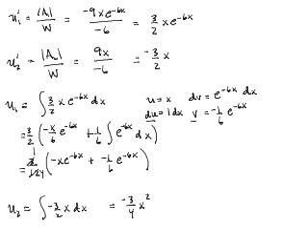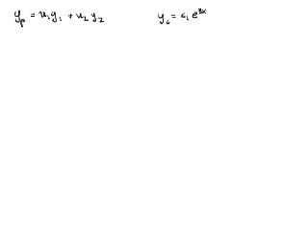Okay, and now we can go ahead and write our yp, which is going to be u1 times y1 plus u2 times y2, and our yc, which is going to be c1 e to the 3x plus c2 e to the minus 3x, and substitute it in here.